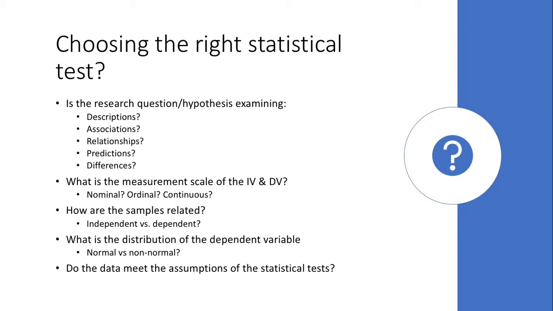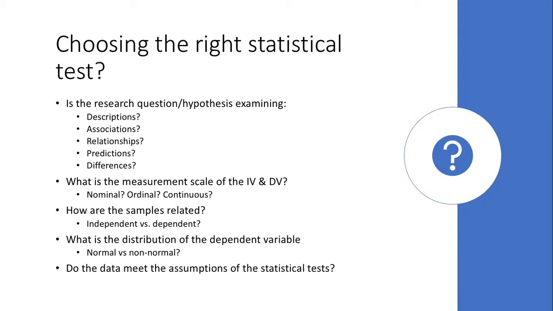What is the distribution of the dependent variable? Is it normal or is it a non-normal distribution? This is going to help you determine what type of statistical test. Typically, for non-normally distributed data, we're going to use what we call non-parametric statistical analyses. And do the data meet the assumptions of the statistical tests?